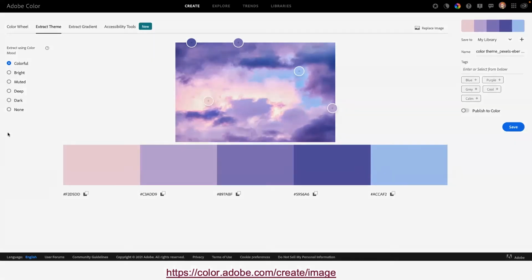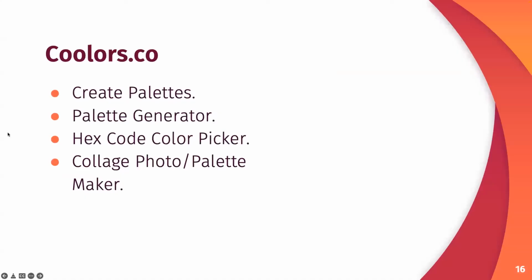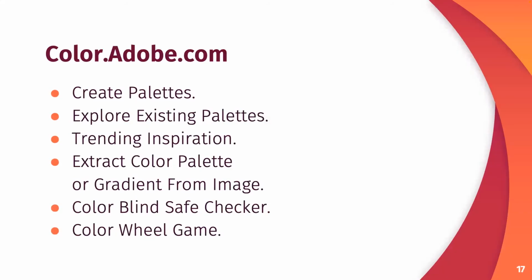So coolers.co, you can create palettes. It will generate a palette. It has hex code color pickers for web application. You can also take photos and create a palette out of those. Adobe at color.adobe.com creates palettes, explores existing palettes. They have trending inspiration.